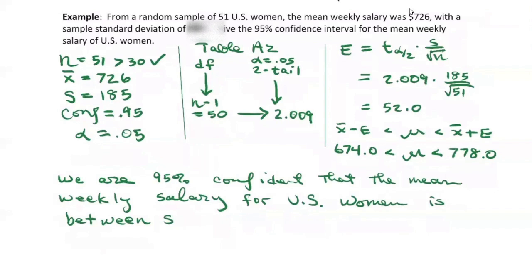I'll just say 674. No point in saying 0.0. You could say 0 cents, but what's the point of that? So between 674 and 778. Okay, and that's it.